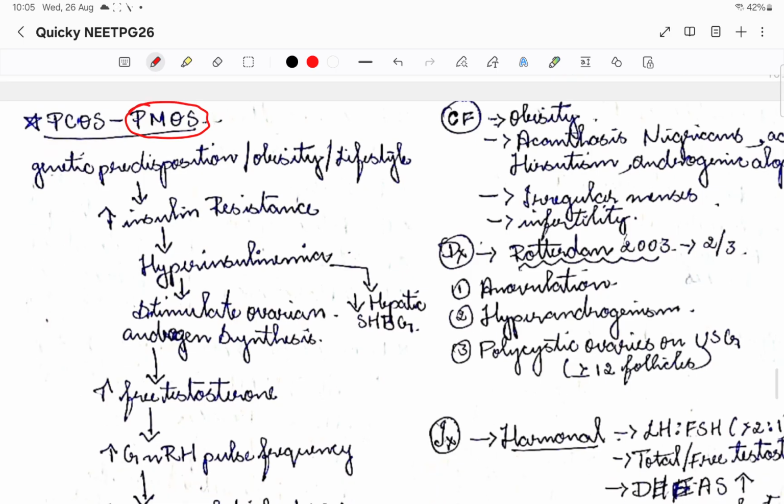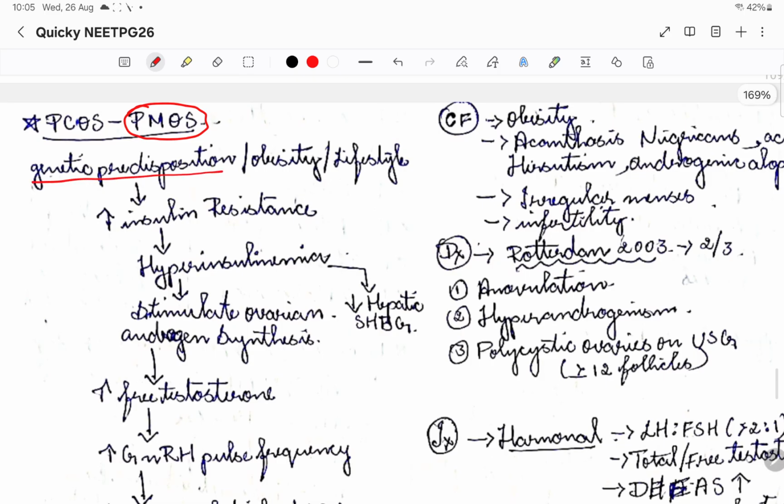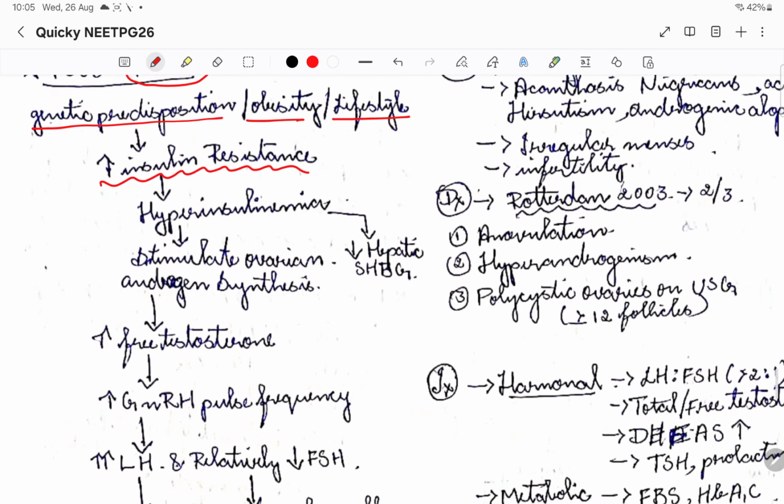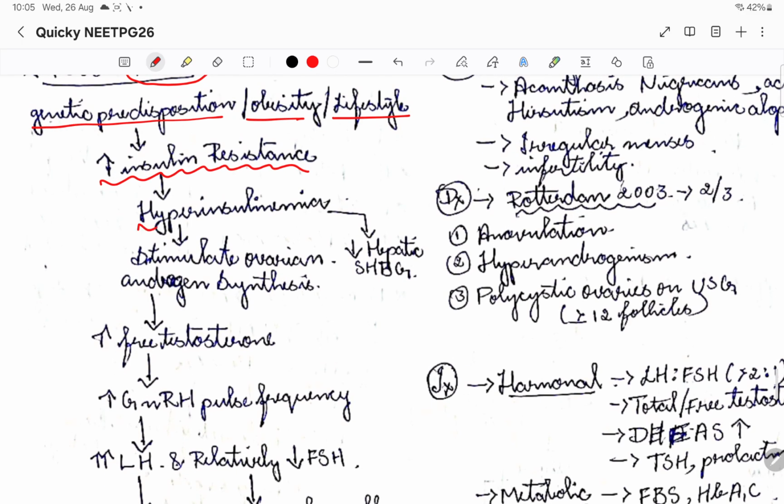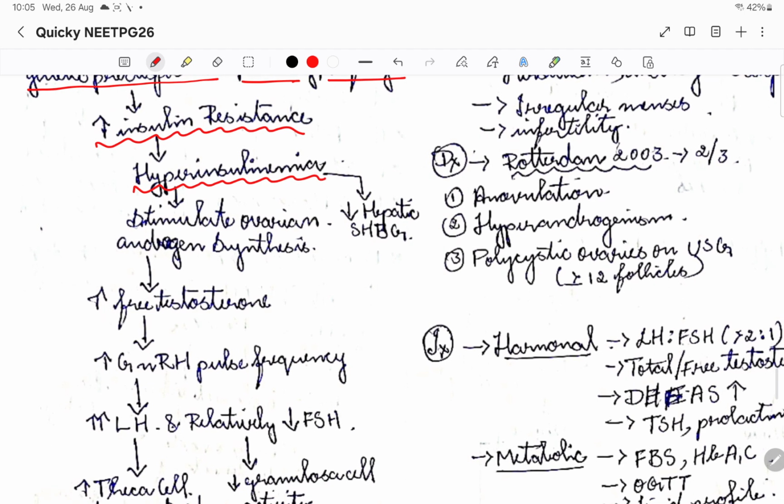So what is happening is, because of genetic predisposition or obesity or lifestyle differences, it will lead to insulin resistance in a particular woman. Okay, so this insulin resistance will cause hyperinsulinemia, right? This hyperinsulinemia will stimulate ovarian androgen synthesis.